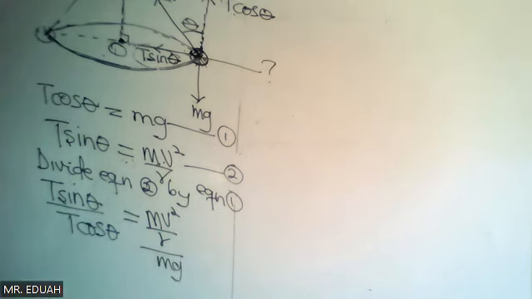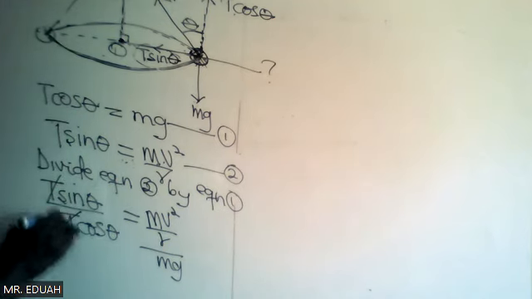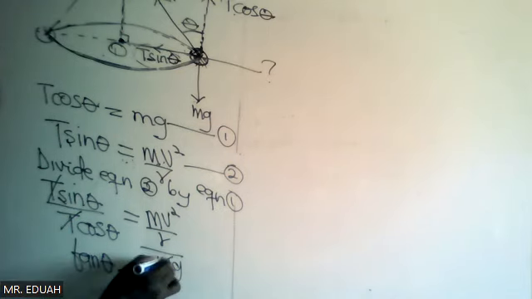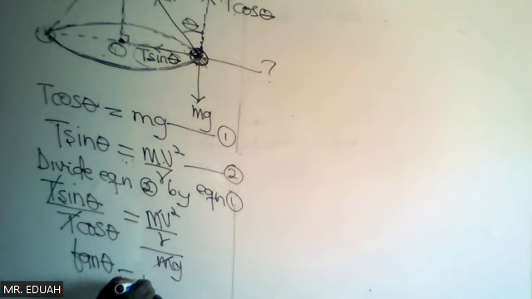And this is equal to tan theta, and tan theta is equal to v squared over rg when you simplify.